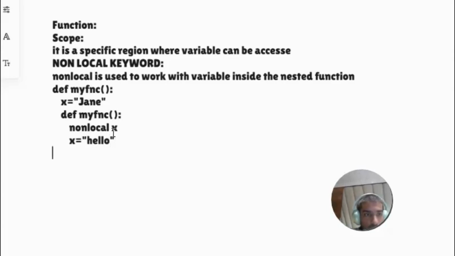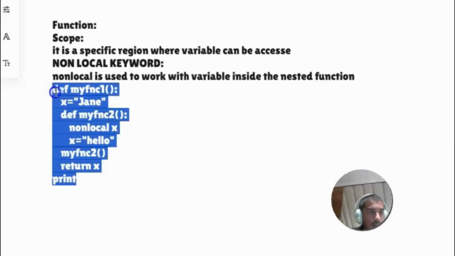Let's make it print hello and call the function. Here, my function one. We should take the two different functions. Let's call the second function and return x. You can see that it is also explaining the nested functions.